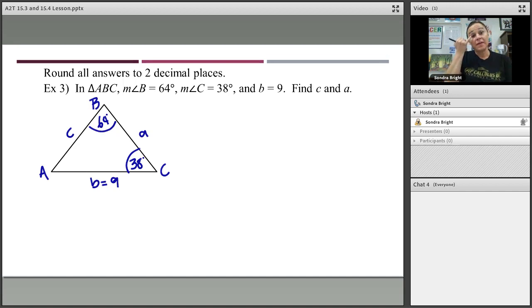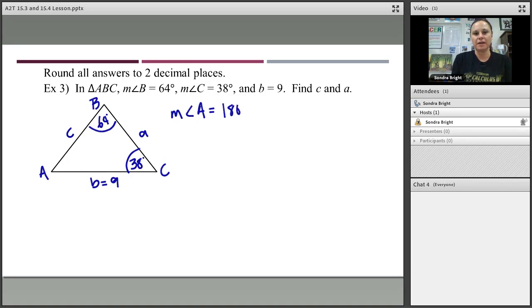All right, so they gave us 2 angles and 1 side. And so this is actually angle side is the information that they gave us. Angle side is not bad because we could find the third angle. Remember that the measure of angle A will just be, the 3 angles add up to 180 degrees.